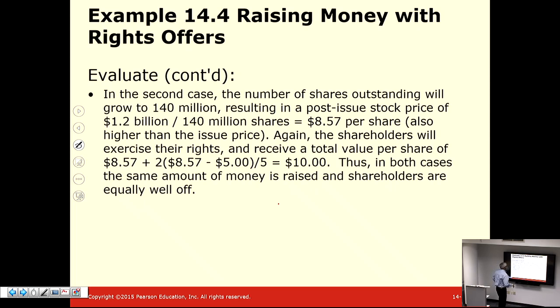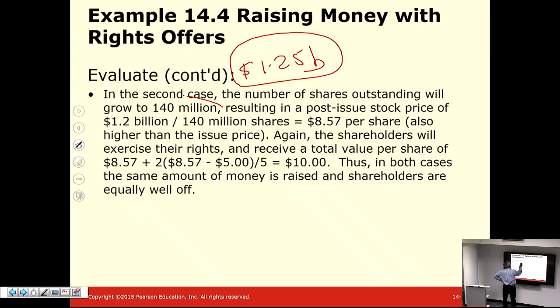In the second case, what happens? Same $1.2 billion is the market capitalization of the firm, but now there are 140 million shares outstanding. So the new share price would be $8.57. Now, it's going to be 8.57 minus 5, which is the share offering price, divided by the number of rights, but I have to multiply that by 2 because a total of 5 rights get converted into 2 shares.